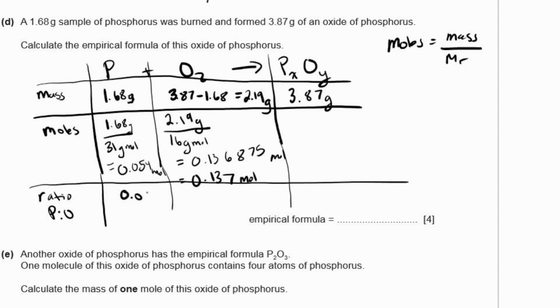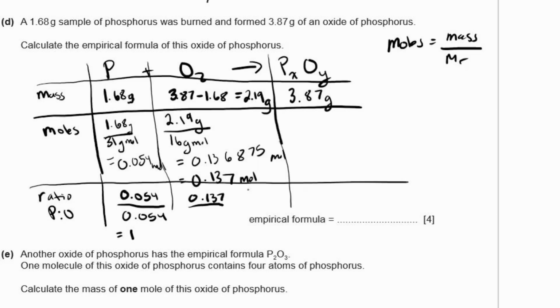So we have 0.054 moles, and we have 0.137 moles. Okay, we want to divide those by the smallest number of moles. So this is 0.054. If we divided it by the larger one, we would get a number less than 1. So it has to be the smaller one.